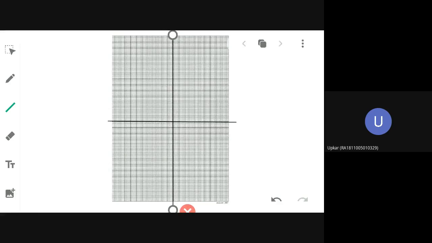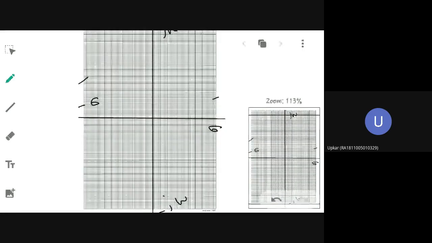Okay, so this one I have finished. Now I will mark the axis parameters. This is my sigma. This is my minus sigma. This is your negative real axis this side and this is your positive real axis. This one is my positive imaginary axis. This one is my negative imaginary axis. Okay, I will take scale now. Let me zoom a little bit.